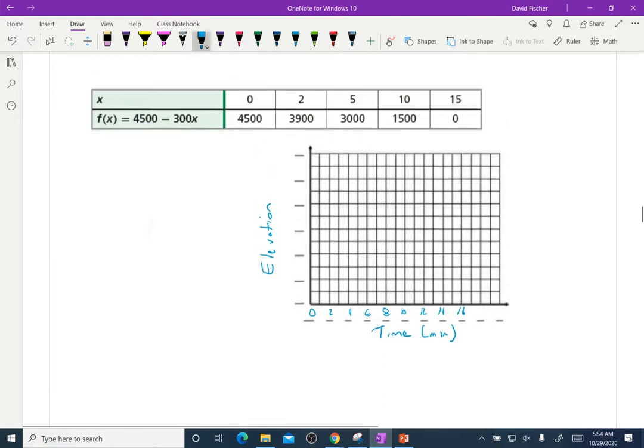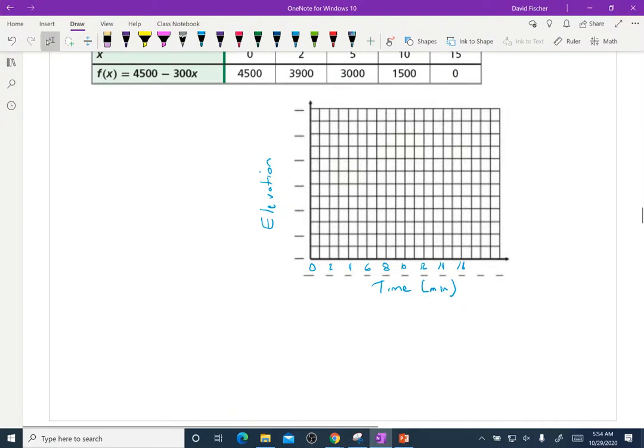Now on my y-axis, I got 4,500 as my top number. So this is obviously 0 here. If I counted by 500s, 5, 10, 15, 20, 25, 30 isn't going to do it. If I counted by 1,000, 1, 2, 3, 4, well, that might not be too bad, because I need 4,500.